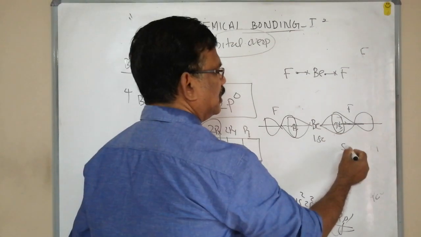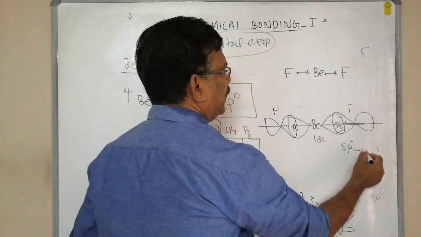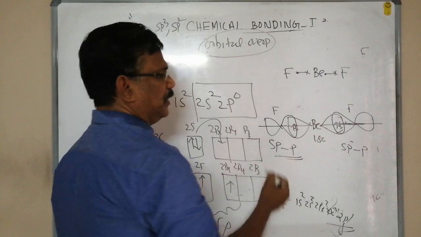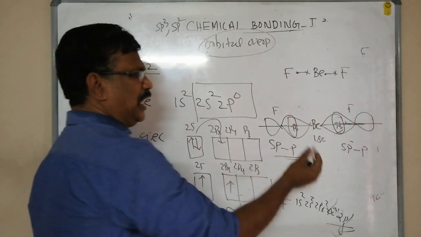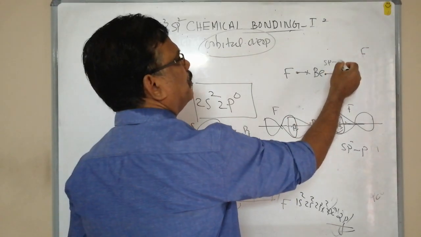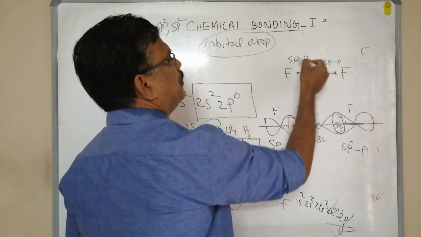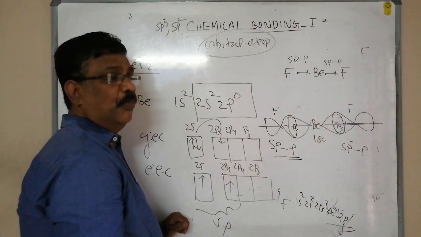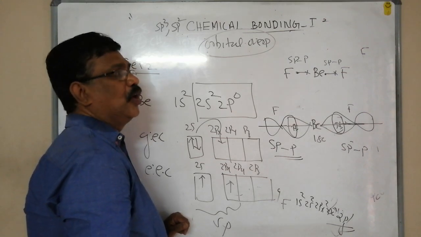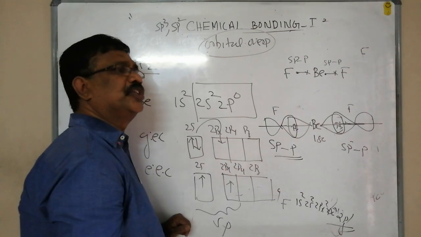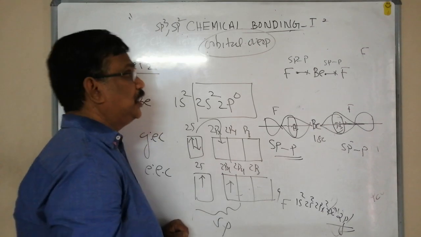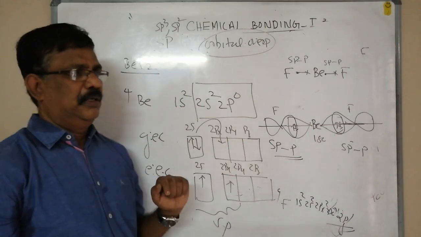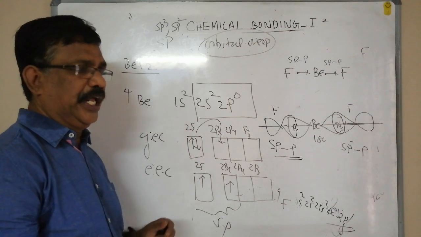This overlapping is sp-p overlapping. This is also sp-p overlapping, beryllium-fluorine, same overlap. Equal length, equal energy, two bonds because of the central atom hybridization. So the third hybridization is sp, a suitable example being beryllium difluoride.